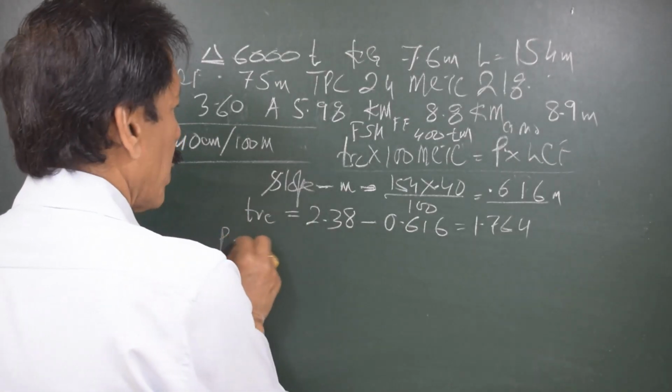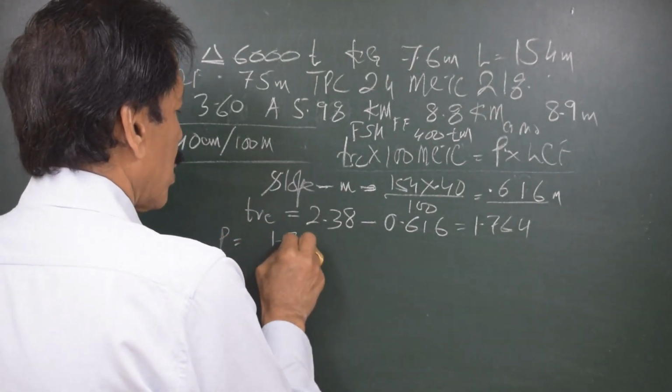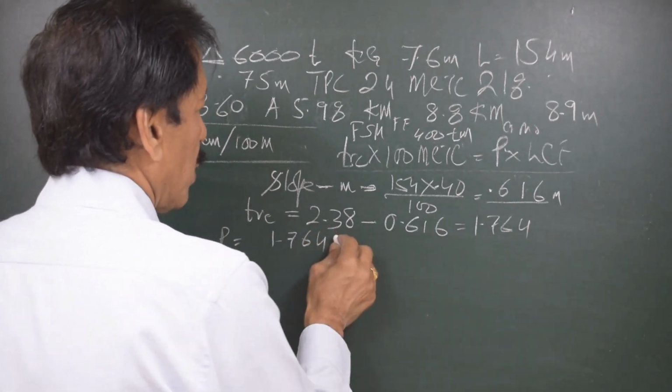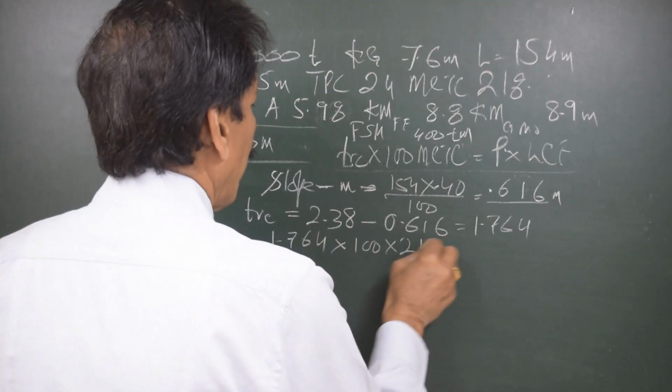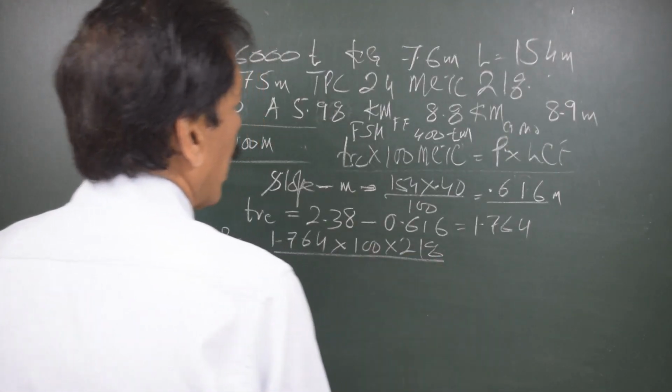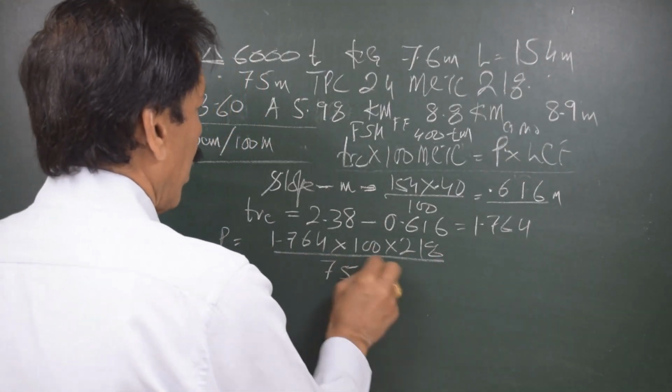So we get P is equal to 1.764, that is the trim change, into 100 MCTC, that is 21800, divided by LCF, that is 75 meters.